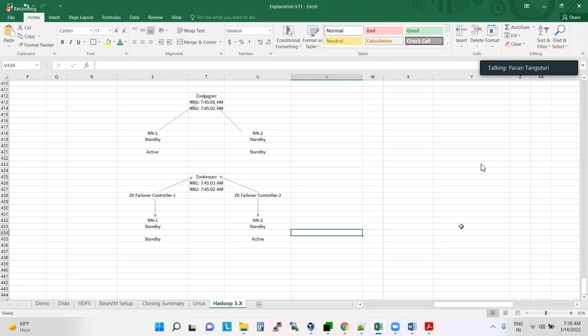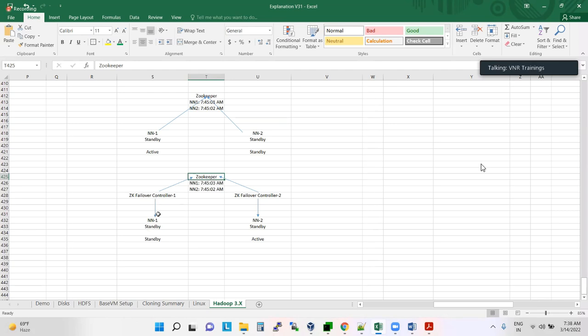Who is sending a heartbeat to whom? The Zookeeper failover controller is sending the heartbeat to Namenode. Exactly. The Zookeeper failover controller is the one collecting the status of the Namenode and sending it to Zookeeper. Understood?